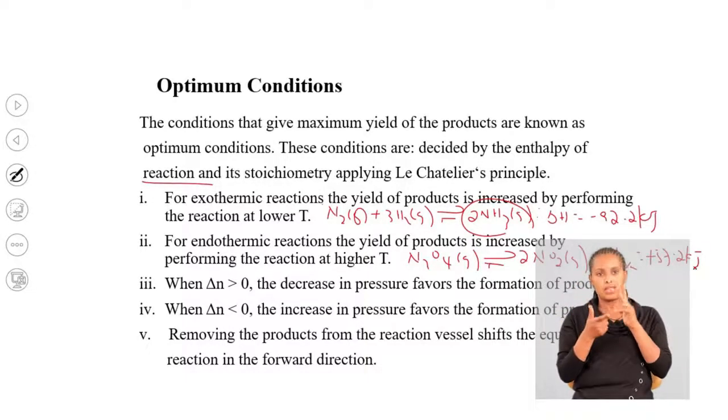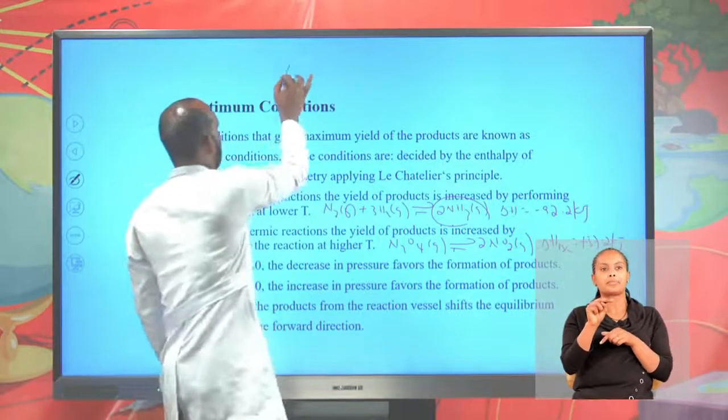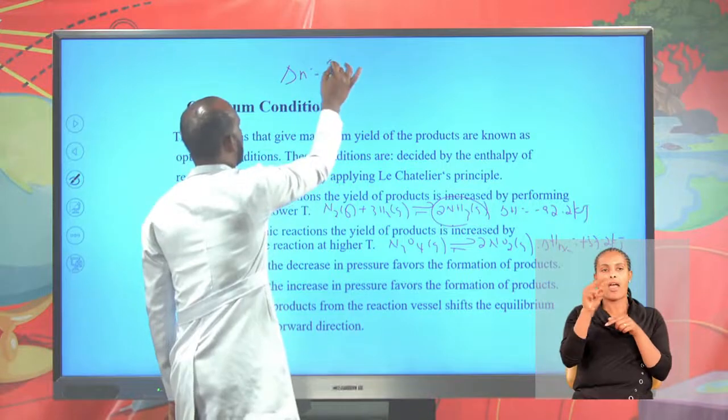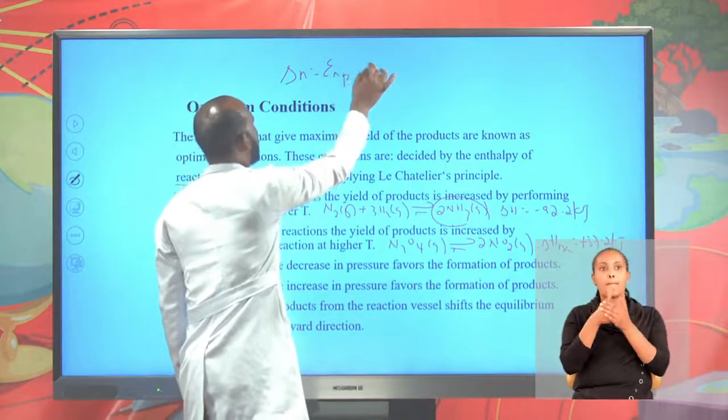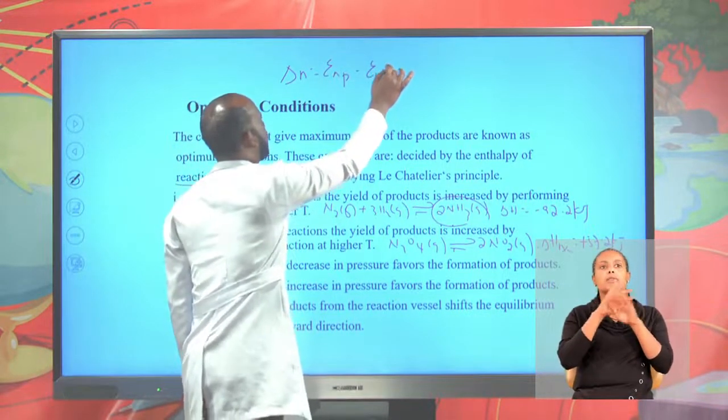Number 3, when delta N is greater than 0, the decrease in pressure favors the formation of product. Again, you can take this as an example. Delta N, the change in number of moles, equals the summation of moles of products minus the summation of moles of reactants.